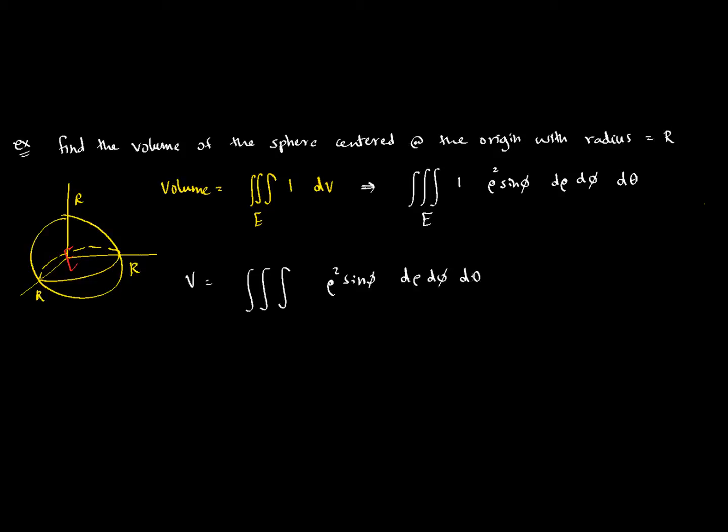So now we need to set up the limits of the integration. To find the limits of rho, we're going to start at the origin, go radially outwards, and we see that the sphere is defined at the origin, and that we always exit the region at a value of rho equal to r. So rho is going to range from 0 to r. Now we need to find the limits of phi. Again, since this is a complete sphere, phi can only range between 0 and pi.